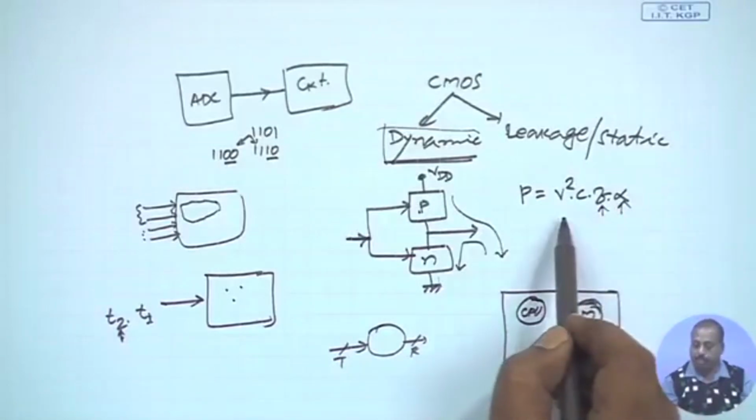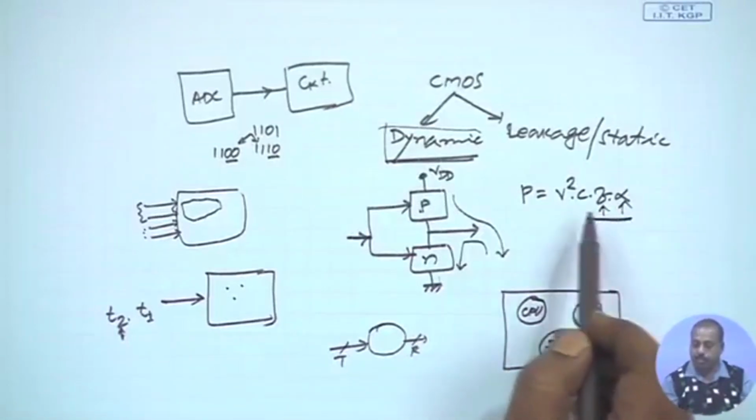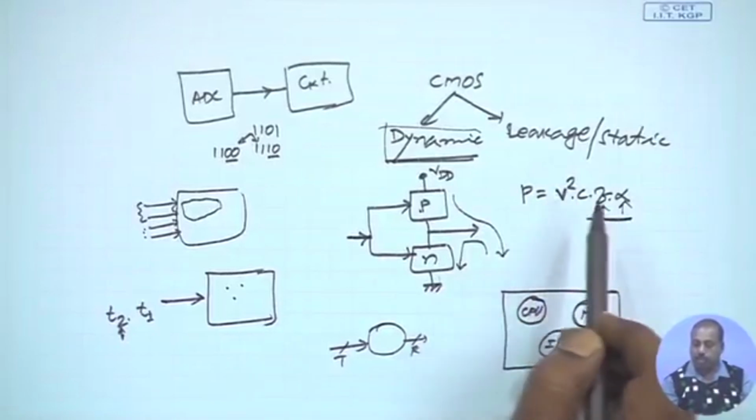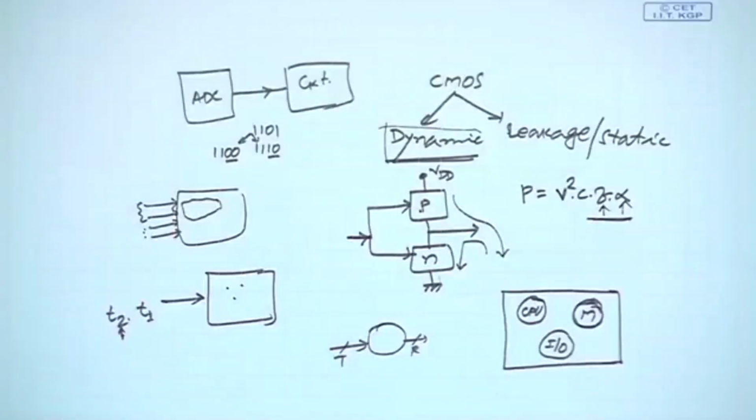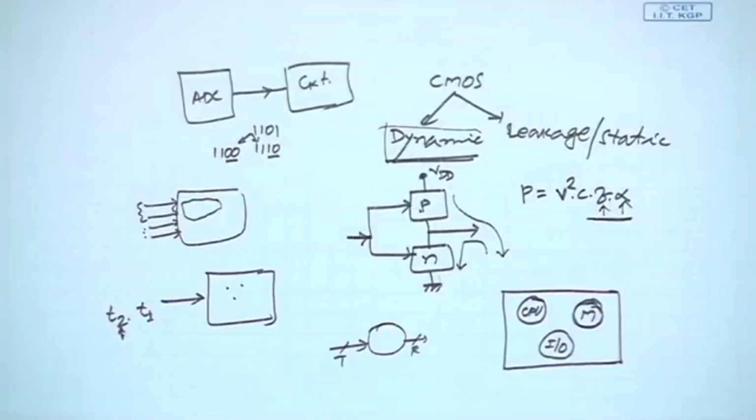If we can restrict these values, out of these, the supply voltage we normally cannot do anything about because that is technology dependent. So, it is already done. Similarly, the C part, that is the capacitance that switches, is also dictated by the design, because the designer has put the output of one gate going to 10 different places. All those 10 gates' input capacitance will be seen as the load capacitance of this particular gate. As a result, this C value is also not in our hand.